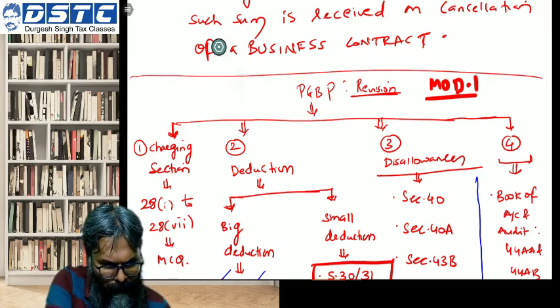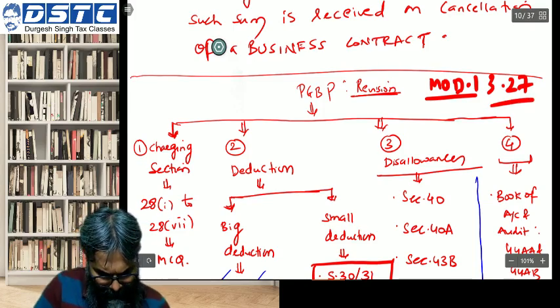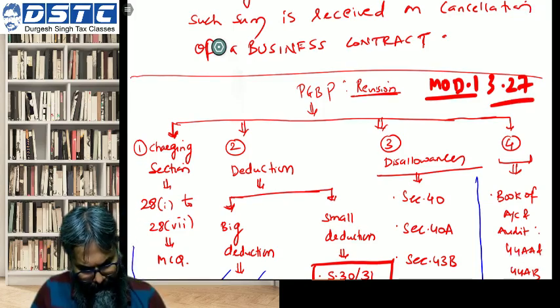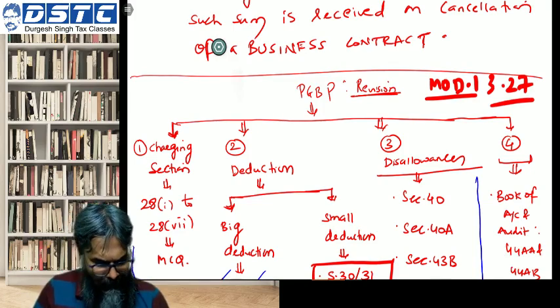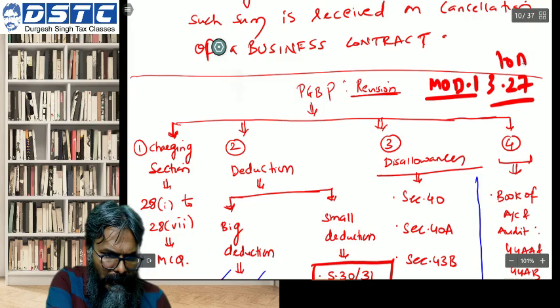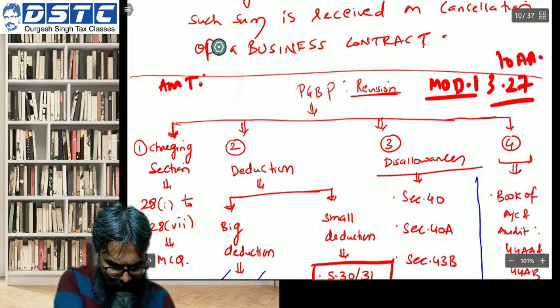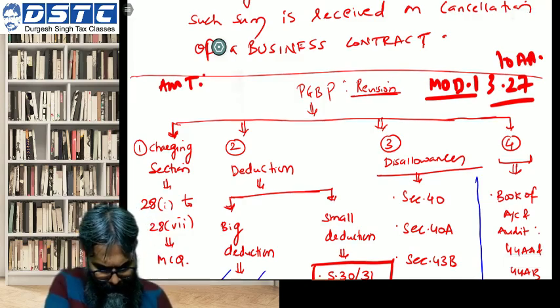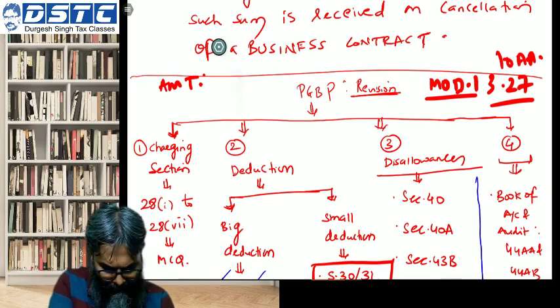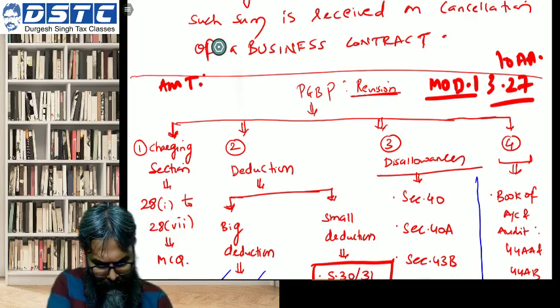Chandana, this 3.27 is what? For 10AA. Okay, and AMT? This is 10AA, and AMT is... I am also now waiting for AMT.